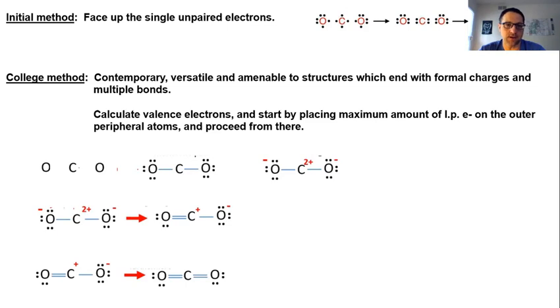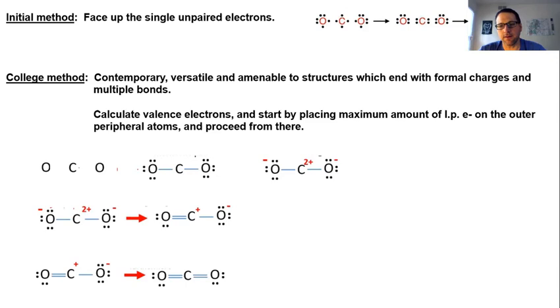As you can see here, we can draw carbon dioxide a different way and arrive at the same result. And this is how students across the country, across different campuses, learn how to do Lewis structures. Hopefully they graduate with the method on the bottom of the page rather than the method on the top of the page at their ready.